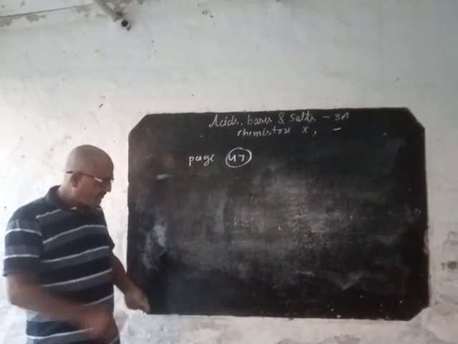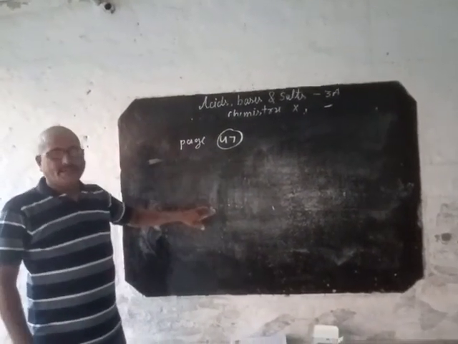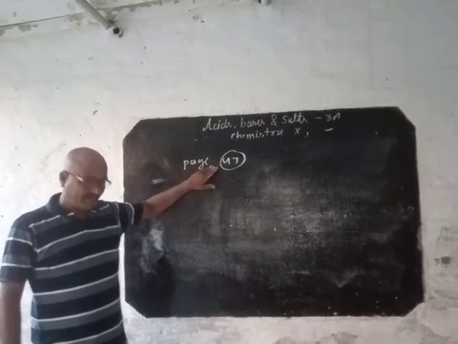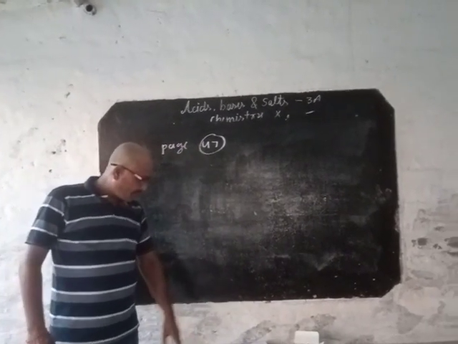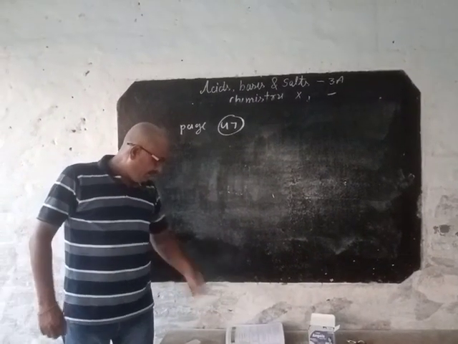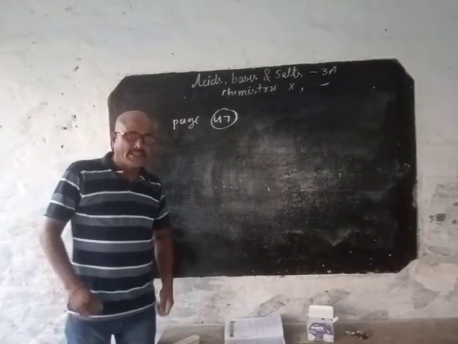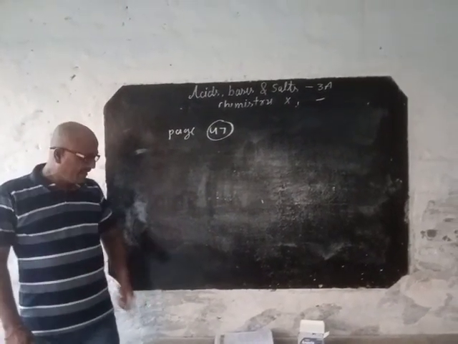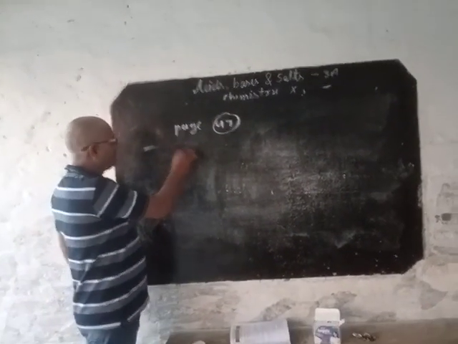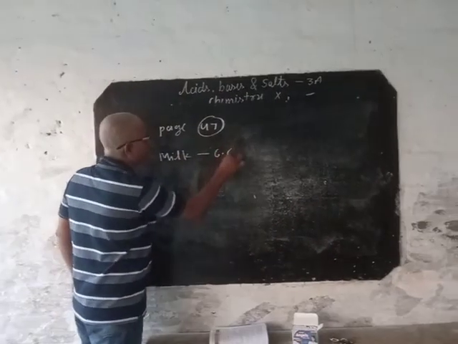Now, on the same page, some compounds and their pH values are given. See page number 47: hydrochloric acid, pH value is 1. Sulfuric acid, 1.2. Milk, you know in milk we get lactic acid, pH value is 6.6.